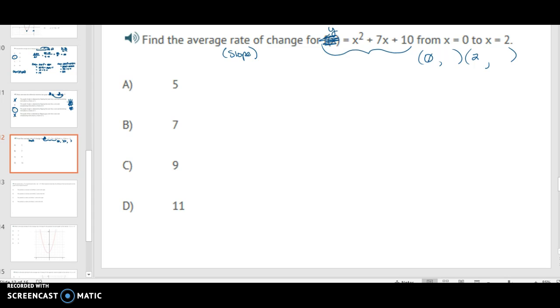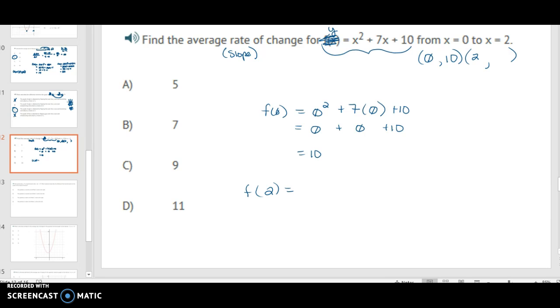So let's plug in 0 first. So if I plug in 0 for x, I will get 0 squared is 0. 7 times 0 is 0, plus 10. I will get 10. So that goes here. So now let's try 2.